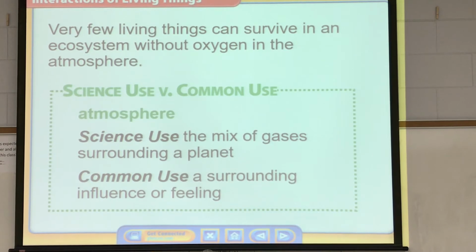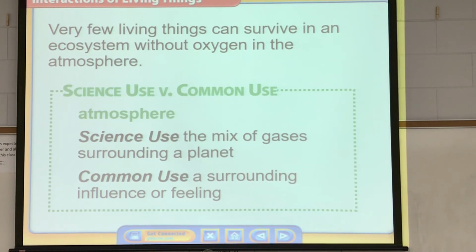Oxygen in the atmosphere is another thing. Oxygen is a critical component of all living animals, but it's also a critical component in the making of water, H2O. Water has oxygen, and since we have an abundance of oxygen here on Earth, we have a breathable atmosphere, and we have water. 70% of the Earth's surface is covered with water, just like 70% of your body is made up of water in the fibers of your muscles, your tissue, and the blood in your body.